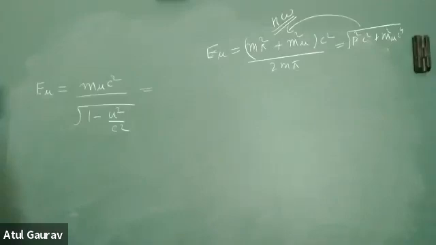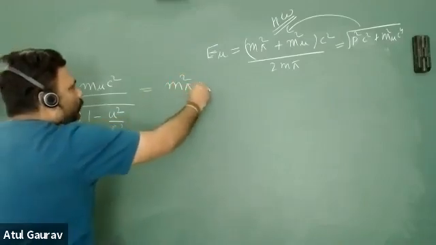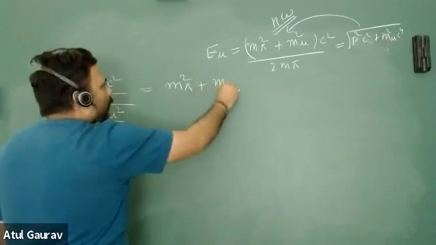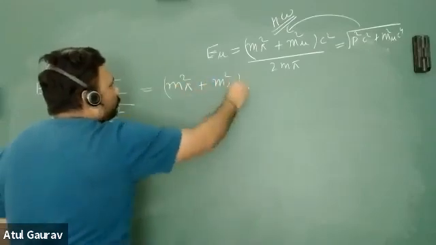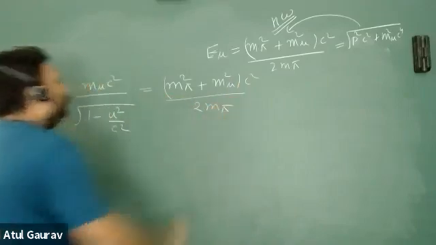Sir, heavy mass. So I am writing heavy mass. Yes. Okay. Thank you. So this will be m pi square plus m mu square c square by 2m pi.